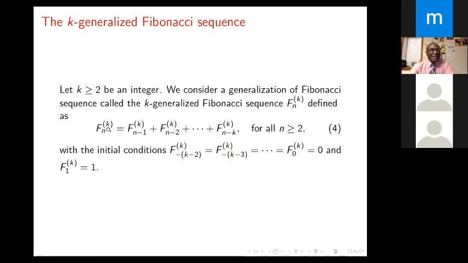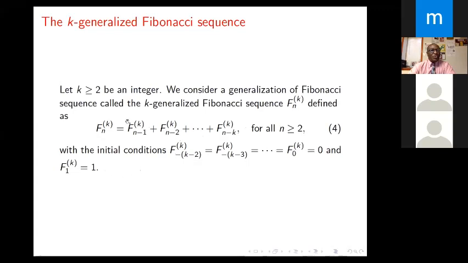So F_n^(k) is defined by F_{n-1}^(k), F_{n-2}^(k), up to F_{n-k}^(k), where the initial terms from negative k minus 2, negative k minus 3 up to 0 are all 0, and F_1^(k) is 1.